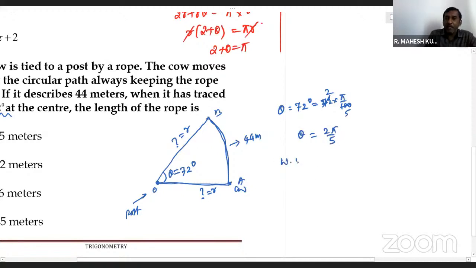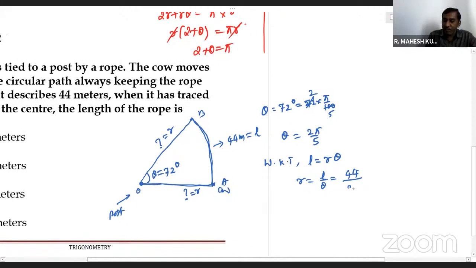Now you are all familiar with the formula: L is equal to R theta. This you know. Here L is nothing but 44 meters. So theta is there. R is equal to L by theta. L is 44 divided by theta, which is 2 pi divided by 5.